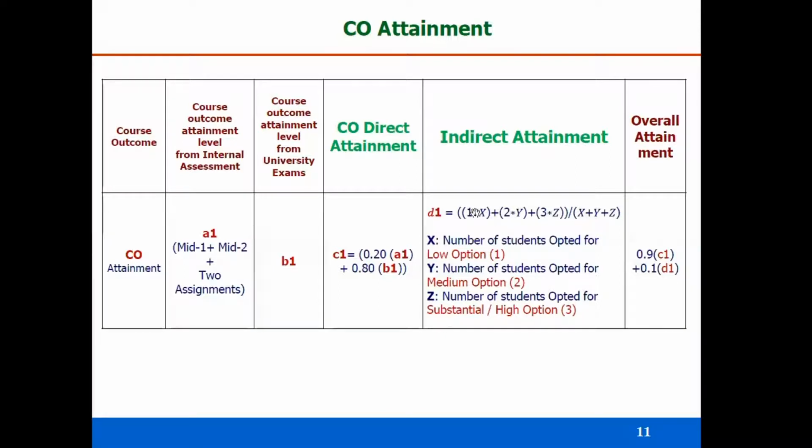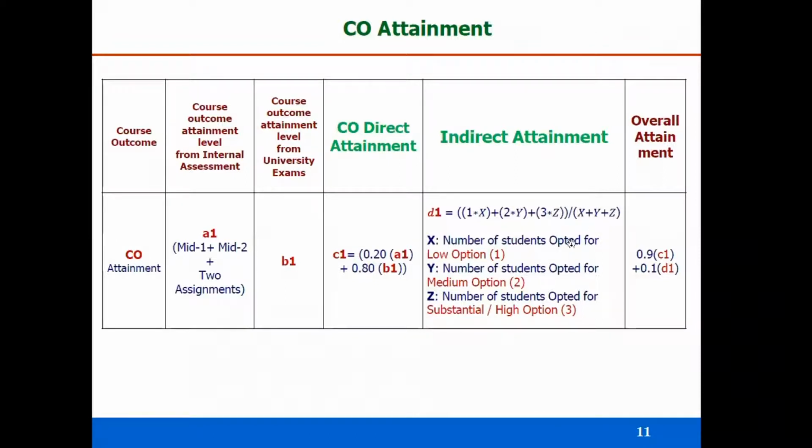Now X is the number of students who answered with level 1 for a particular CO. Y is the number of students who answered with level 2 for that particular CO. Z is the number of students who opted for level 3 for that particular CO. The whole is divided by the total number of students, that is, the number of students who attempted level 1 plus level 2 plus level 3, so X plus Y plus Z. You can take this as the denominator.